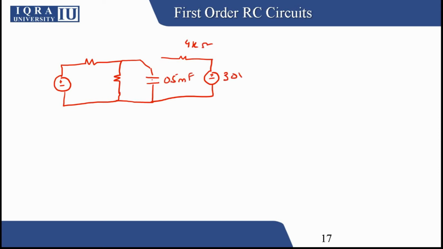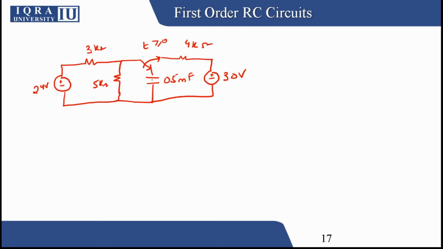This is 30 volts. This is 24 volts. This is 3 kilo ohms, and we have 5 kilo ohms, and we say that at t equal to 0 or greater than 0, the switch moves from here to here, when t is greater than or equal to 0.